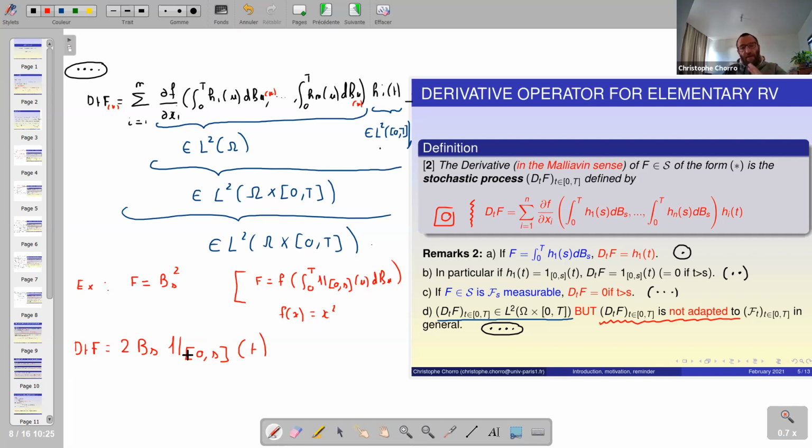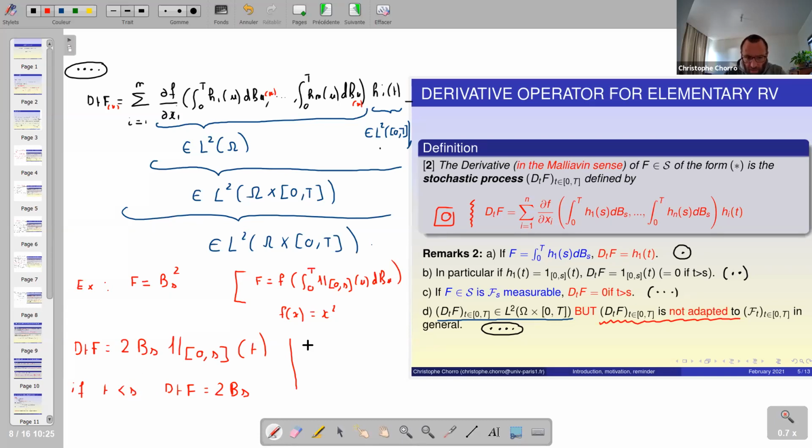In particular, I see that if t is strictly less than s, what is D_t of F? D_t of F is equal to 2 times B_s. And so I see that D_t of F is equal to 2 times the Brownian motion at the greatest time, let's say.